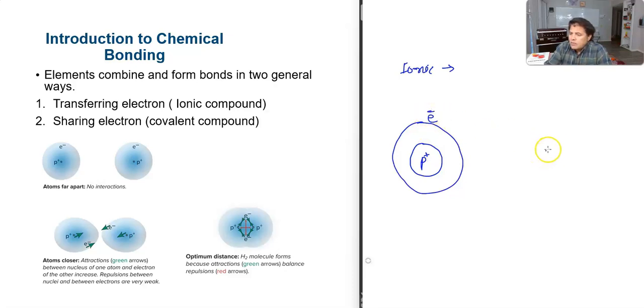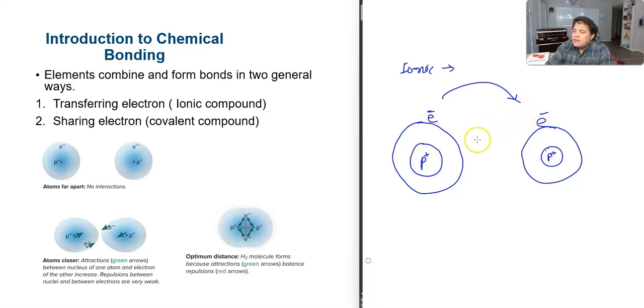There is another atom which also has a proton and an electron. Say if ionic, then this one atom will transfer the electron to another, and then it will have two electrons, it will have one less electron, that's why it will be positive, the other negative, and then it is ionic. But sharing of the electron means a little bit different than ionic.